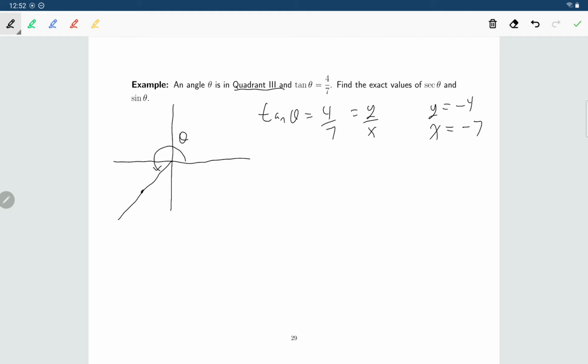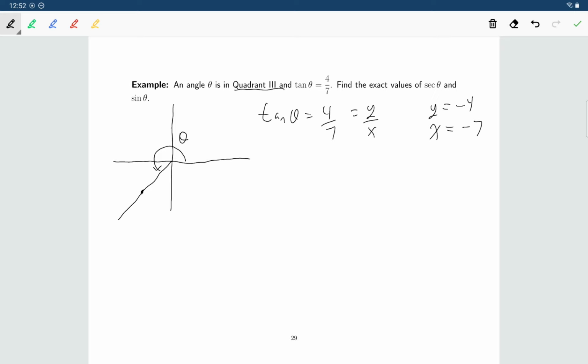For example, you could have just as easily taken a y value of negative 8 and an x value of negative 14, and you would get exactly the same 4/7 for tangent of theta. So it's not strictly true that negative 4 and negative 7 must be the values for x and y. You could have chosen other ones as long as y divided by x is 4/7.